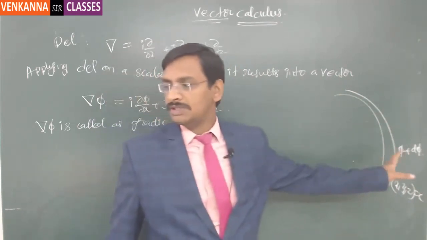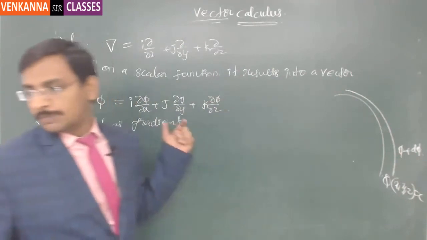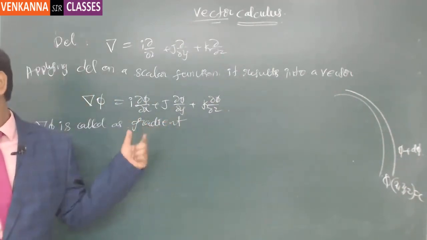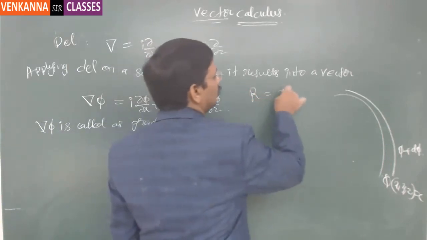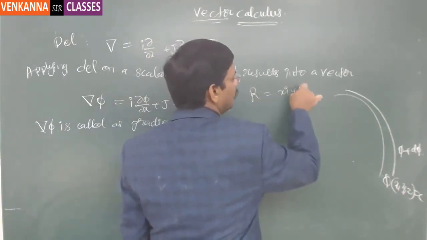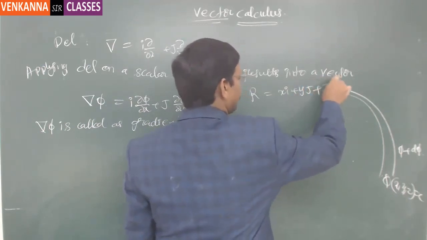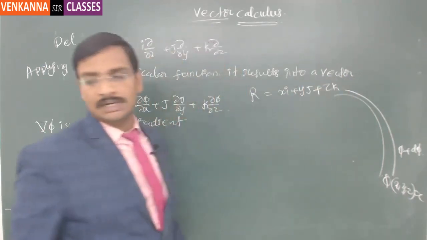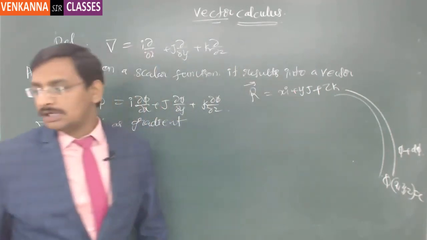Now, if there is a change in the value, this del phi value is represented with this particular one. Now, that is with respect to the position vector r is equal to xi plus yj plus zk. This is the position vector of any particular point on that particular surface.